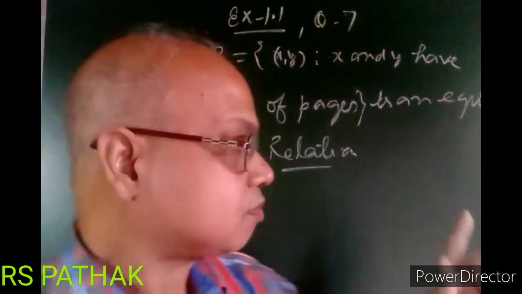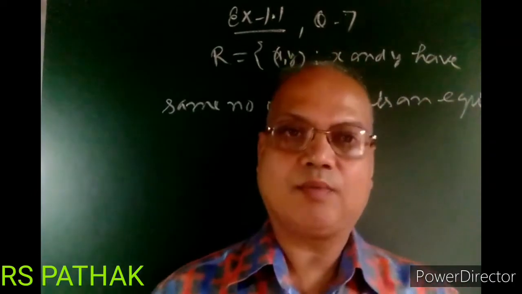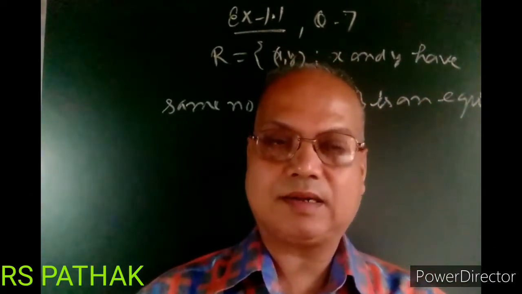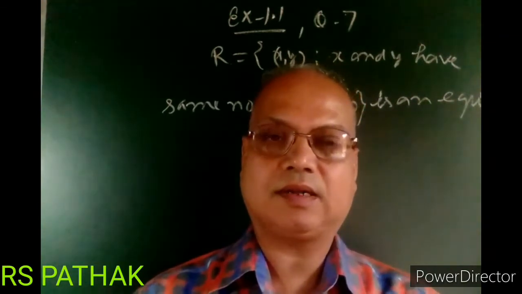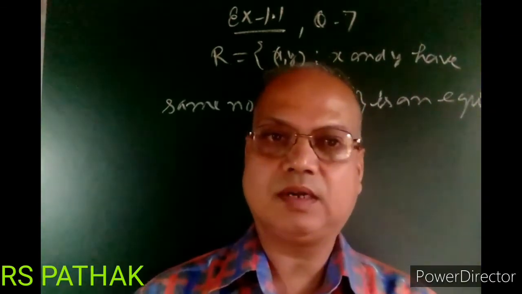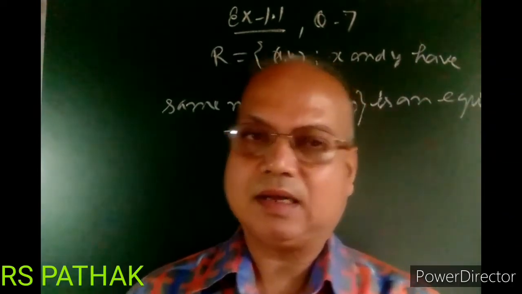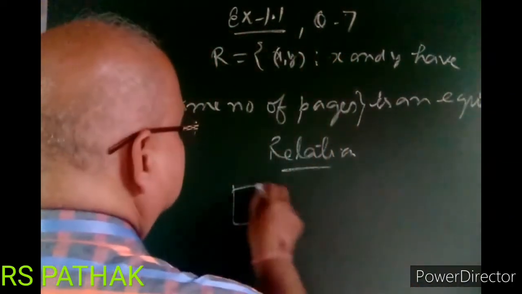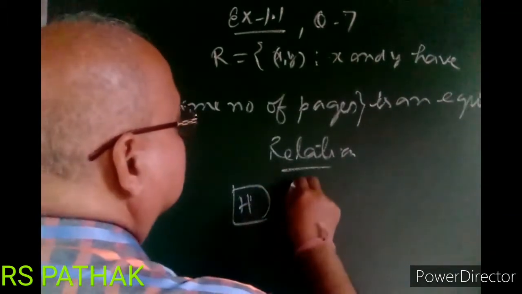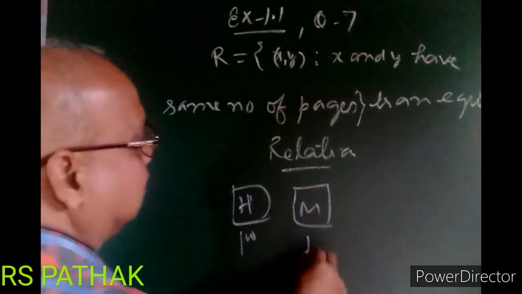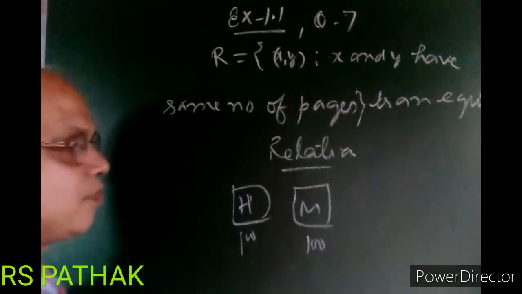Let us now prove the symmetric relation. Symmetric relation means two different types of books. Let us suppose one book is Hindi, second book is math. Then the number of pages are same. This book is Hindi, this book is math. 100 pages, in this also 100 pages.